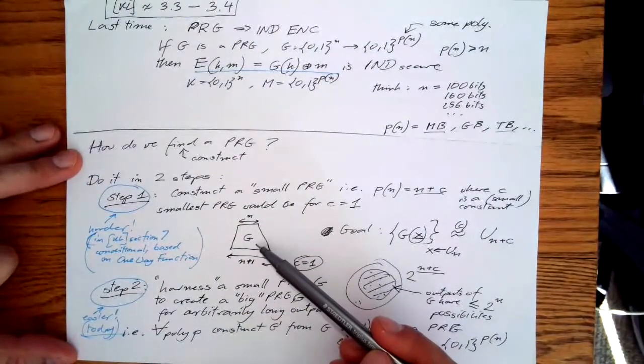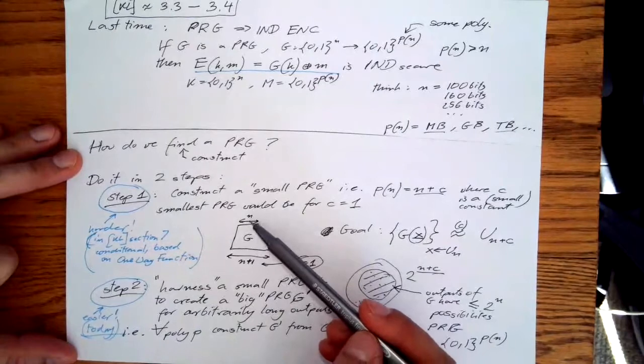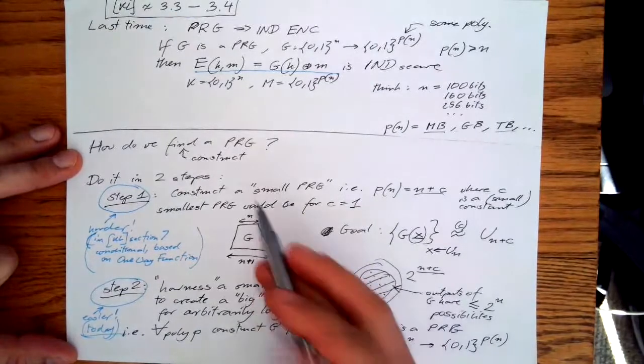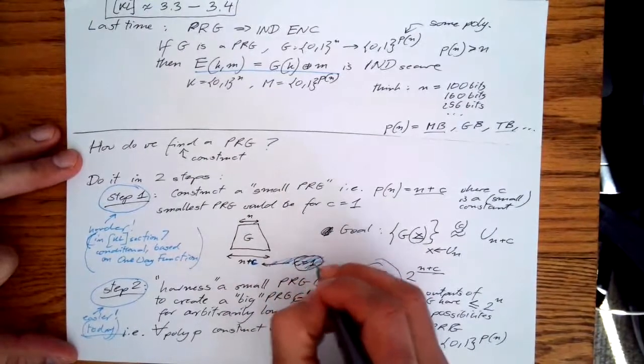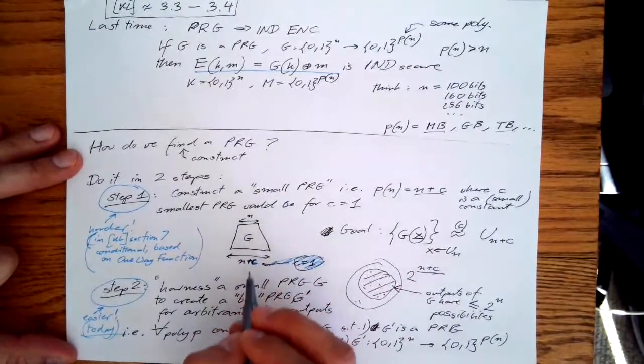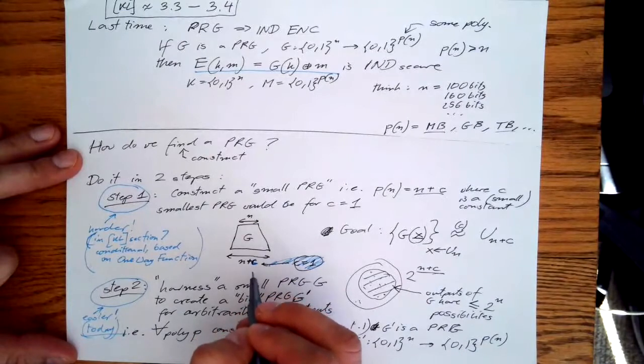We take some mechanism that given n bits gives us n plus c bits, for a small c, right?